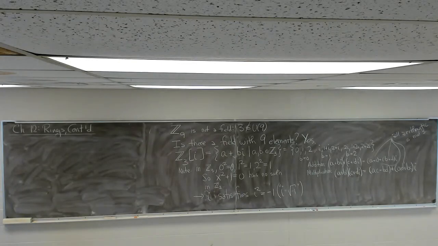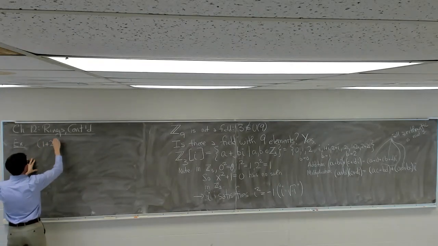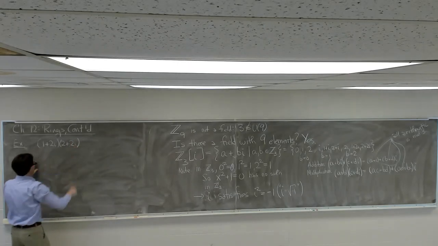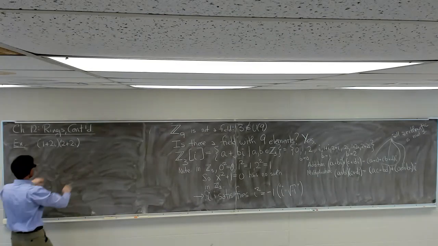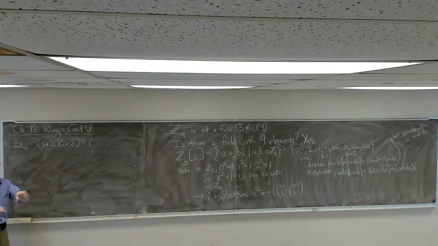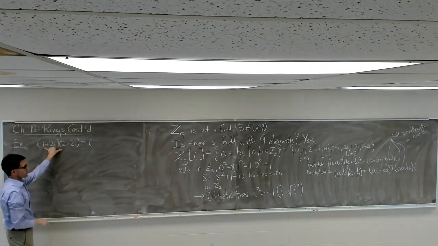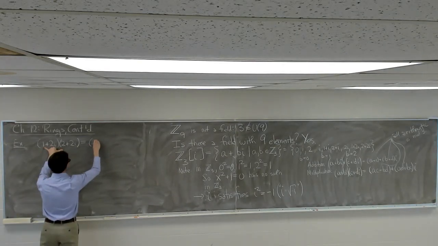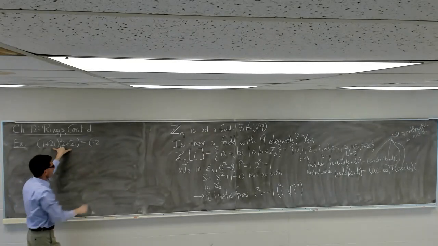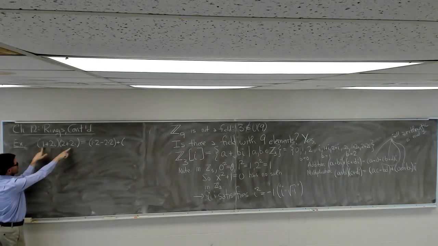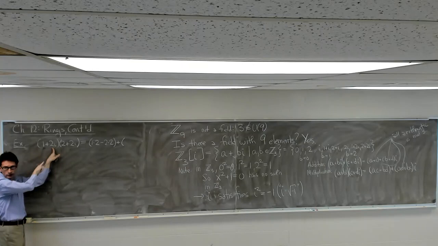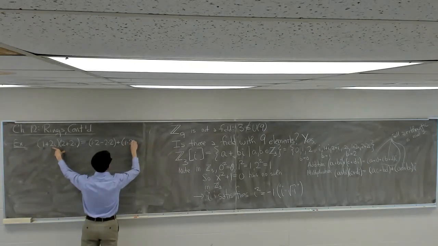All right. Just as a quick example, if I take these two numbers in this set and I multiply them together, then we're just doing the usual arithmetic but reducing everything mod 3. So we would have 1 times 2 or 2, and then minus 2 times 2 or 4, and then the imaginary part, 1 times 2 plus 2 times 2.